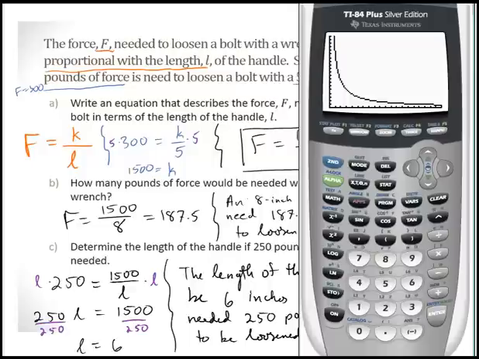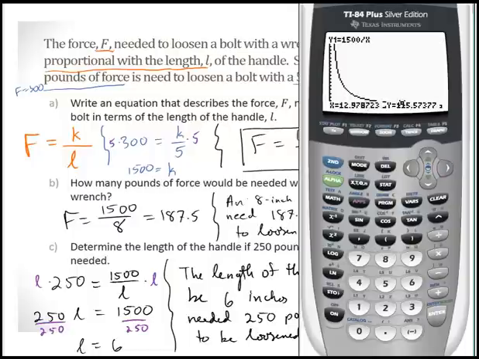And notice that as I move from left to right, this graph decreases. So as you increase the length of the handle, you need less force to loosen the bolt. And we can find a couple of the points here. If I trace x equals 5, there's our original point: 5 inches, 300 pounds of force. 8 inches, 187.5 pounds of force.